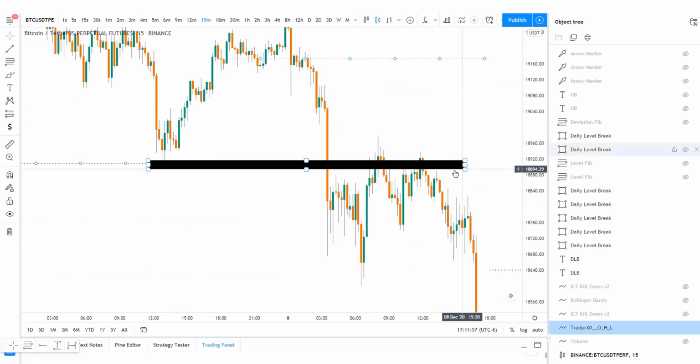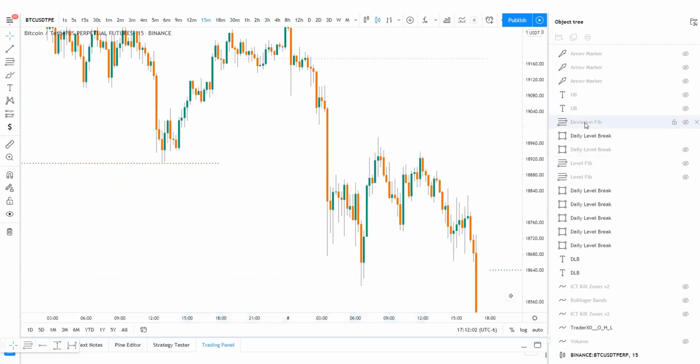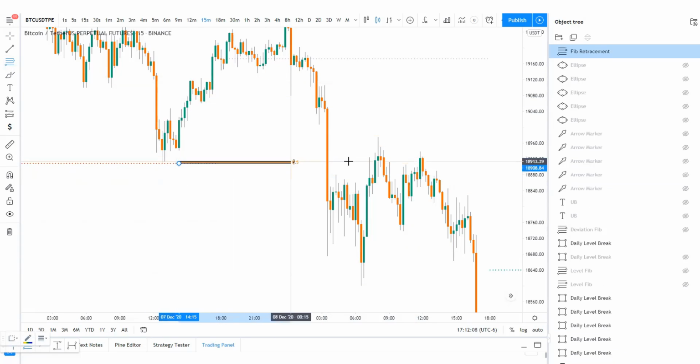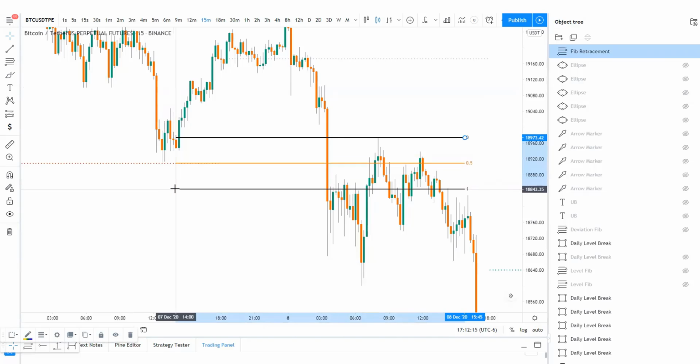One of the things that I use to give me an idea of what that looks like is the fib. I put it right on the level. I want the center of the fib to be right on the level. And then I measure out as far as price came back through the level.